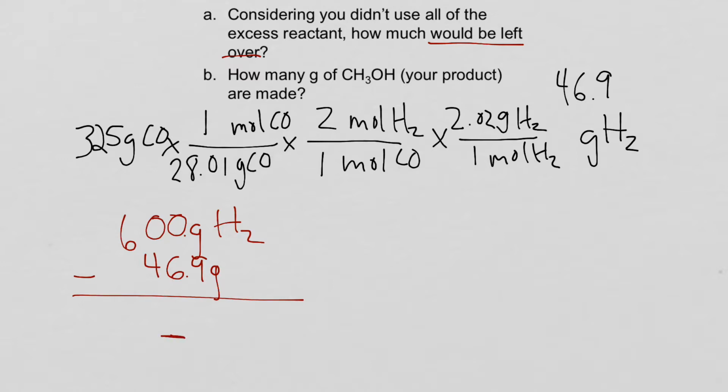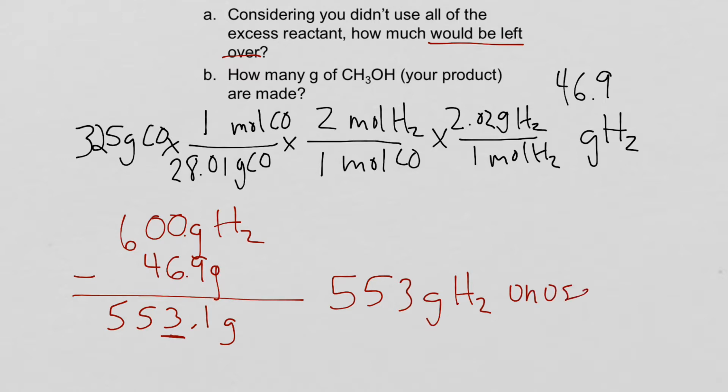So 600 minus 46.9, I get 553.1 grams remaining. So that's 553 grams of H2 unused, or left over, however you want to talk about it. Okay? So that's how much would be left over and not used.